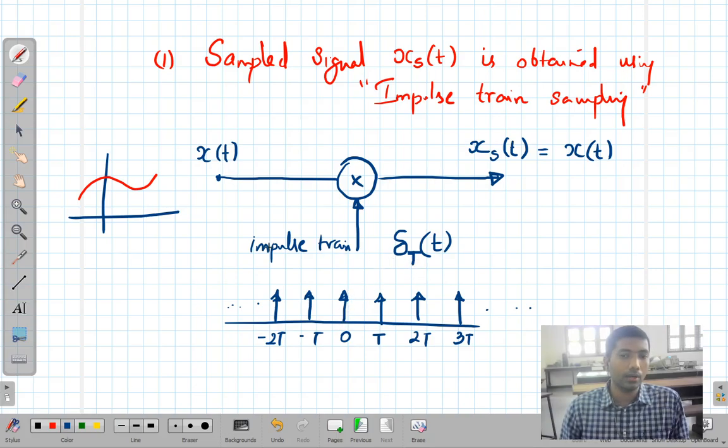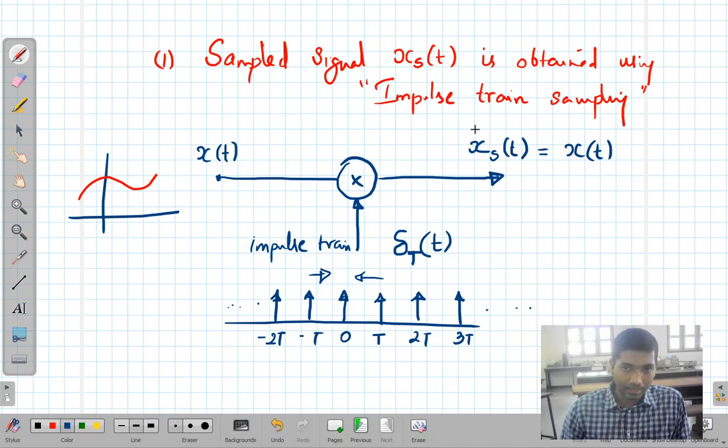Now I am denoting an impulse train with sampling period capital T. It is a train of impulses, not just the impulse at t equal to 0, but impulses at t equal to T, 2T, and so on. If capital T is small, these impulses will come closer.